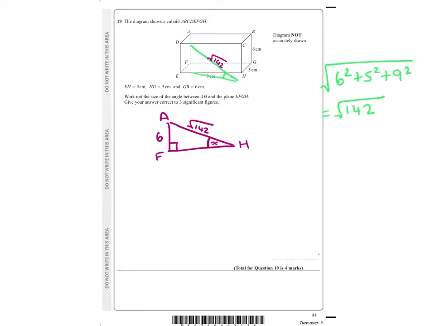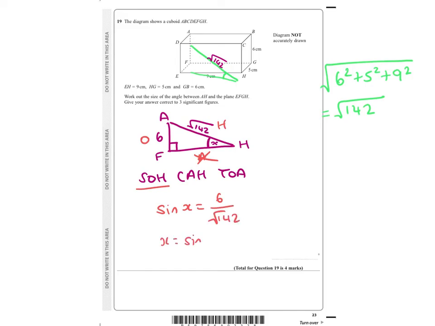So all we need to use now is SOHCAHTOA. We have our opposite, our hypotenuse, our adjacent. We do not need the adjacent. So we have O and H, which is sine. So sine X equals 6 over root 142.